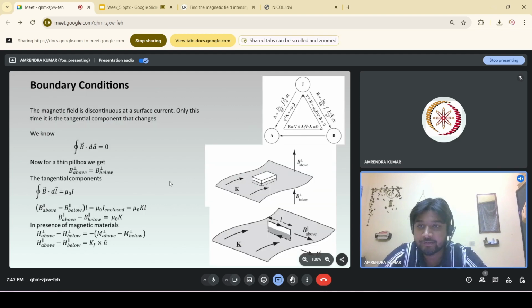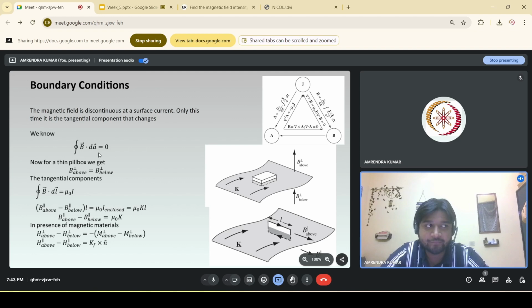Now the next question is boundary condition. So we know that the closed integral B dot dA will be 0 because del dot B is 0. So del dot B is nothing but a volume integral, so the closed integral B dot dA is 0.